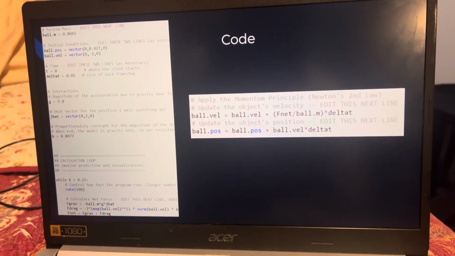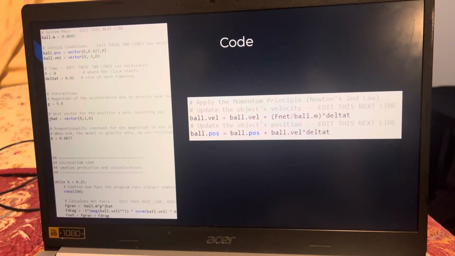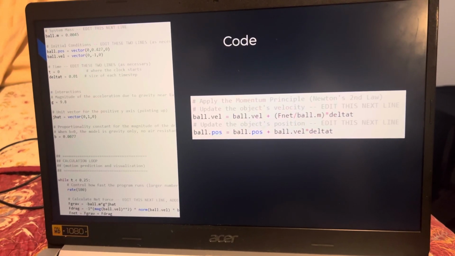So the code: the mass, I put it as that because I searched up the mass of paper and it said about 4.5 grams.